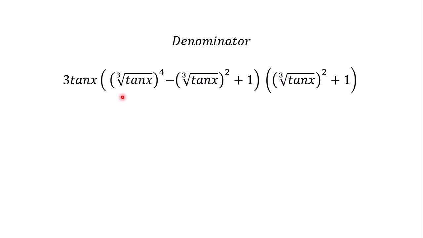We will put this one aside and expand this one. After that we will multiply it by this. If you multiply this one through, and then also this one through, and also this one through, it will be something else.